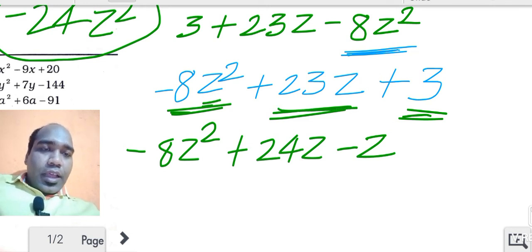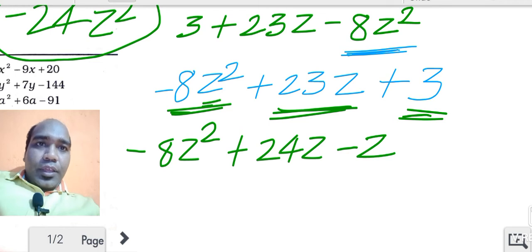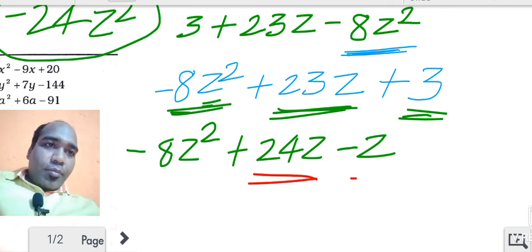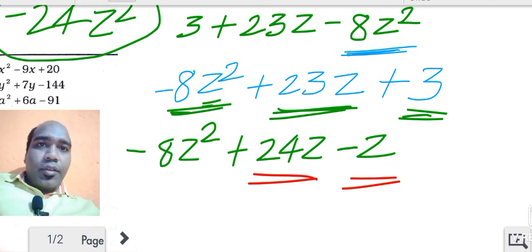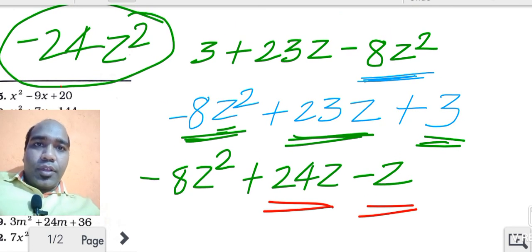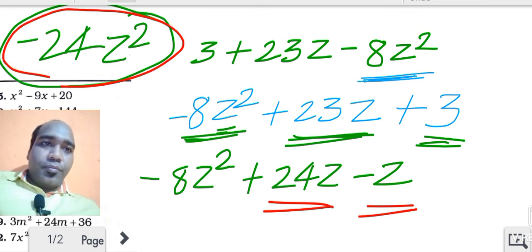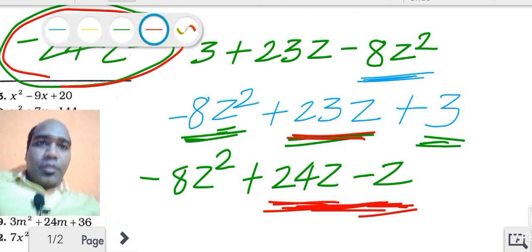Okay, and if we multiply this 24z and minus z, then how much will we get? 24z into minus z will give minus 24z square. Okay, so this splitting method is satisfying both the conditions. So we'll split 23z in this form. Got it?